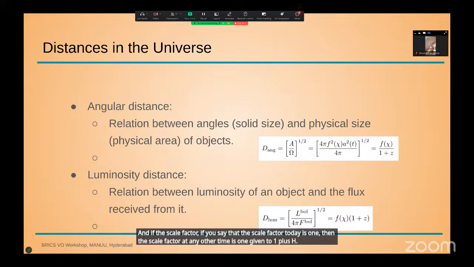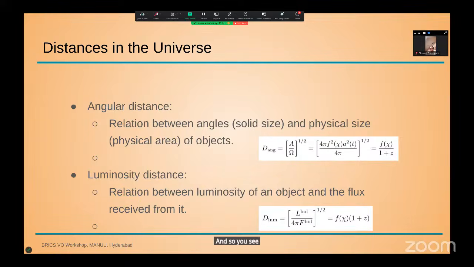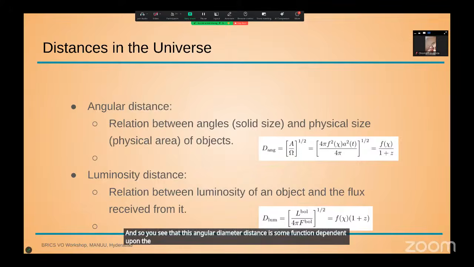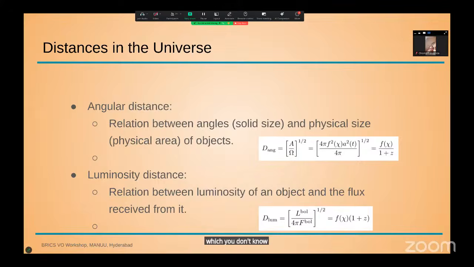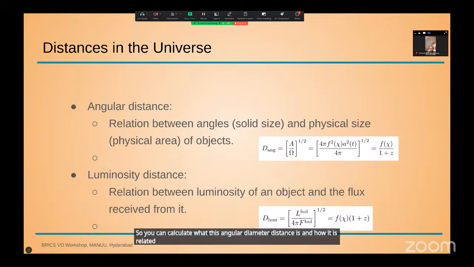So that's what comes out. So this angular diameter distance depends on the geometry, which you need to figure out, and then another observable, which is 1 plus z, which is good. So you can calculate what this angular diameter distance is and how it is related to the comoving distance that we talked about.